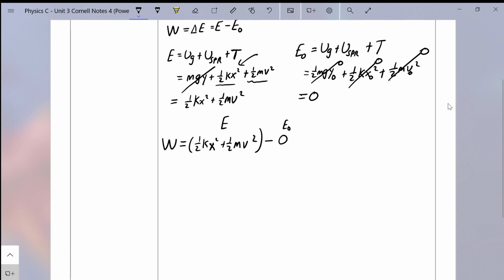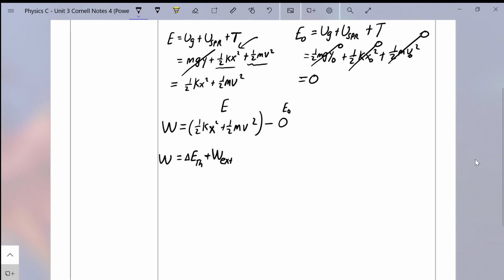Now, if we take apart our work equation, or if we take apart the work itself, we know that part of that work is going to go into overcoming friction. That means that energy that would be imparted into the system is going to turn into thermal energy. So what I'm going to do is say that work W is equal to this change in thermal energy, which we'll call delta E sub TH, plus the effective work, or the work due to the external force, which I will call W sub EXT for external.